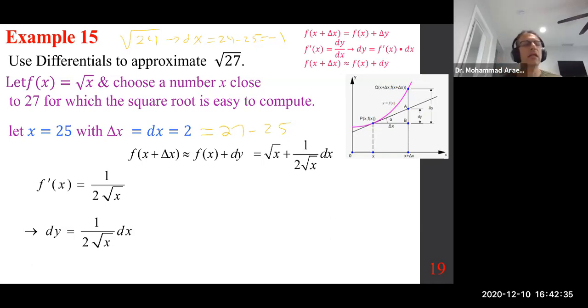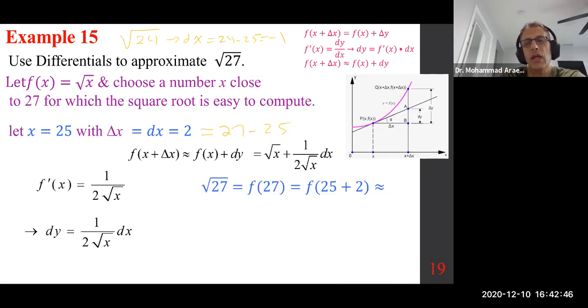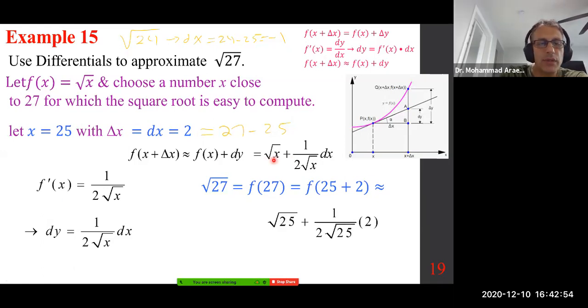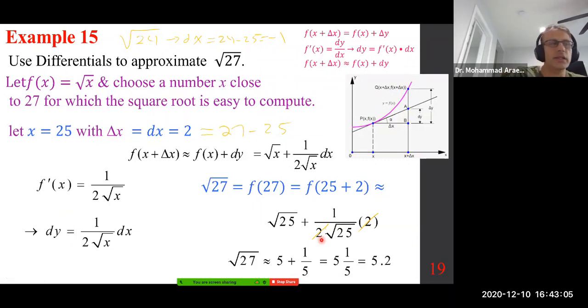We are interested in finding square root of 27, which means f of 27, okay, which means f of 25 plus 2, which means x is 25 and dx is 2. So plug in. And what happens? 2 and 2 cancel each other. Okay, and you get 5 plus 1 over 5, and you rewrite that.